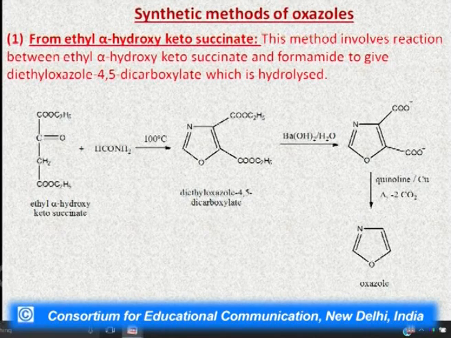This method involves reaction between the ethyl alpha hydroxy ketosuccinate and formamide to give us diethyl oxazole 4,5-dicarboxylate at 100 degrees centigrade, which on reaction with barium hydroxide in the presence of water will undergo hydrolysis to give the carboxylate, which on further reaction with quinoline in the presence of copper will lose 2 molecules of carbon dioxide, or which will undergo decarboxylation to finally give us the oxazole nucleus.